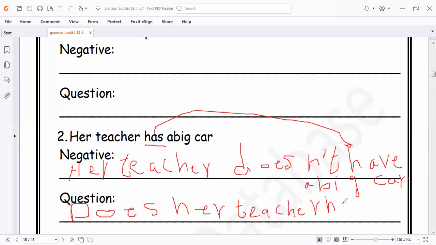Because here is have, and I return the verb to the stem. Does your teacher have a big car? And don't forget to put the question mark at the end of the sentence.